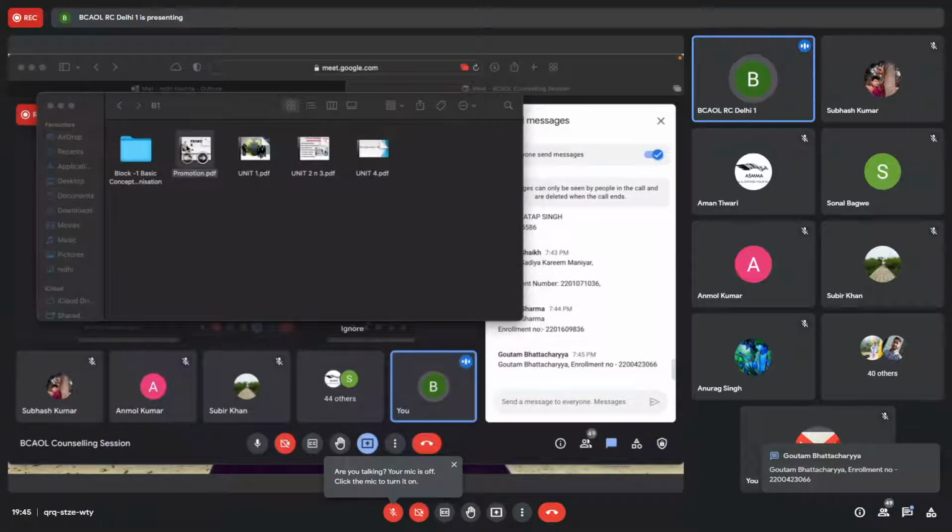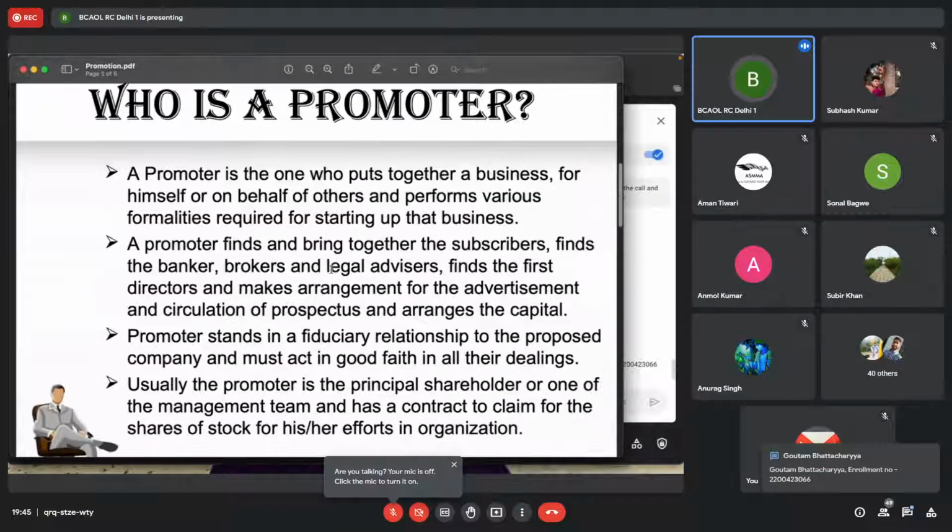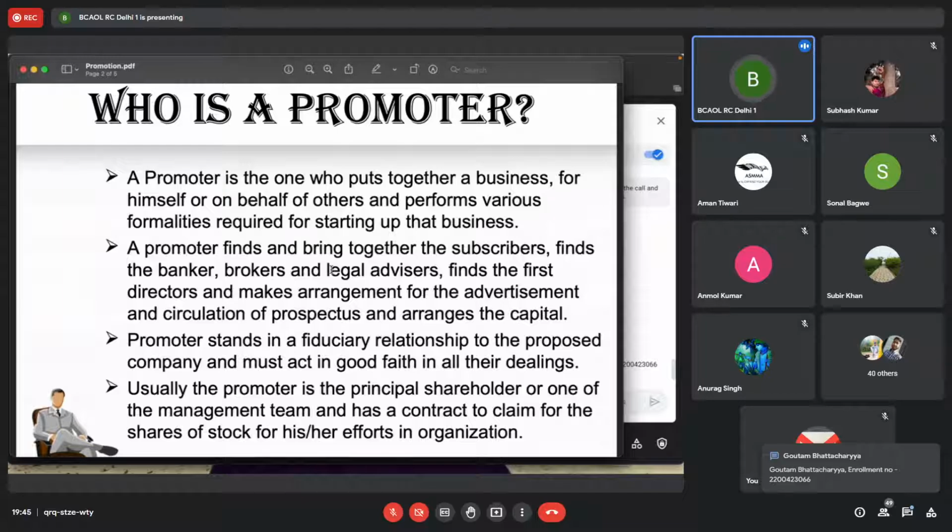Like I said, the promoter is a person who is basically giving birth to a company, bringing the artificial life of the company into being. He is the one who is responsible for creating the company, having that idea, basically germination of the idea in his mind, brainstorming and coming up with a plan, talking to people.